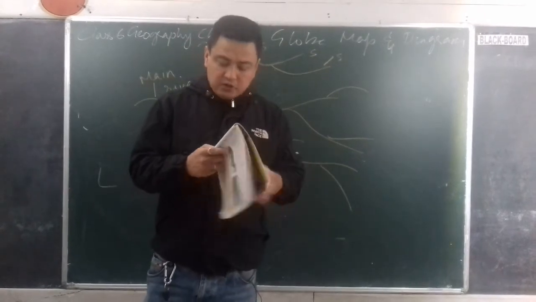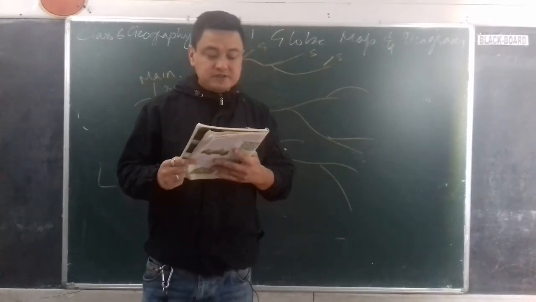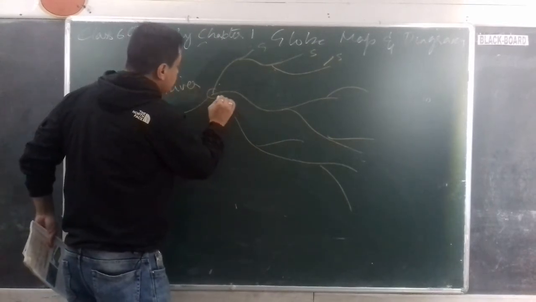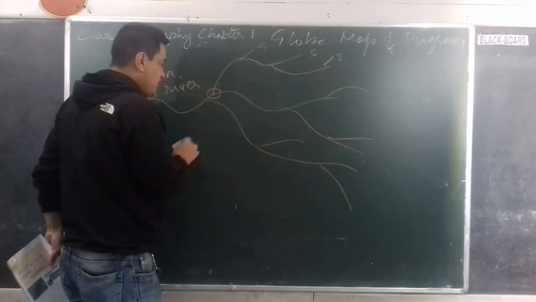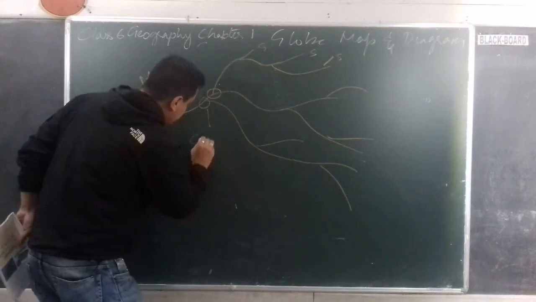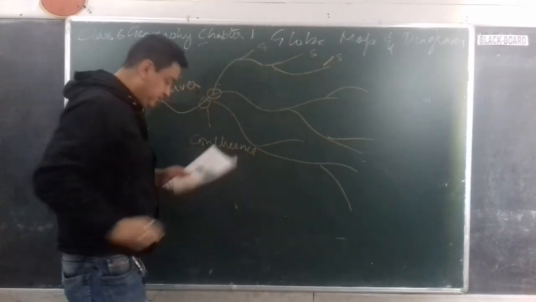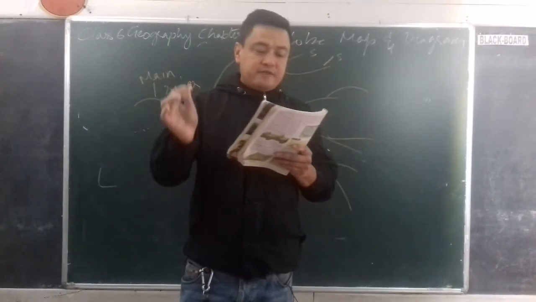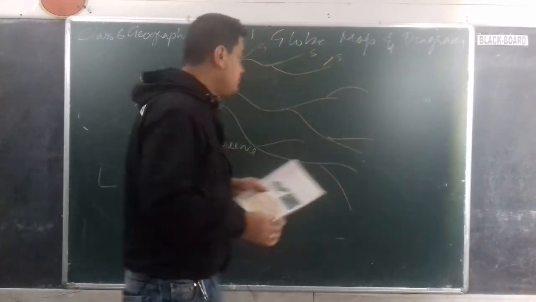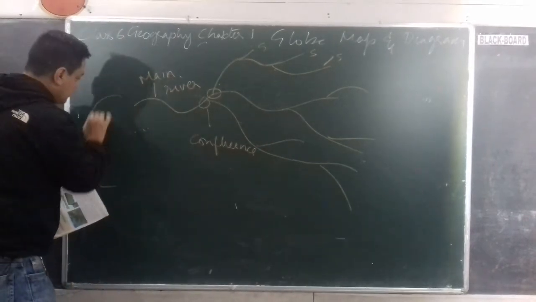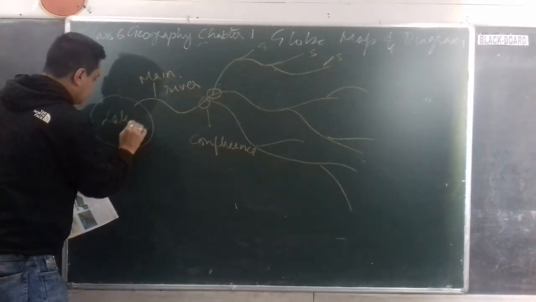The point where a tributary meets or joins the main river is called the confluence. Tributaries do not drain directly into the ocean. They give water to the lakes, etc.